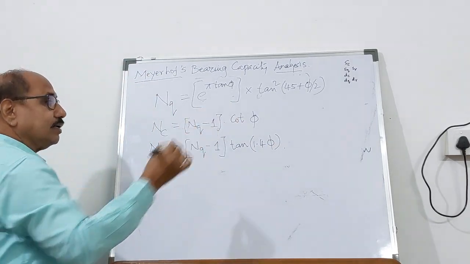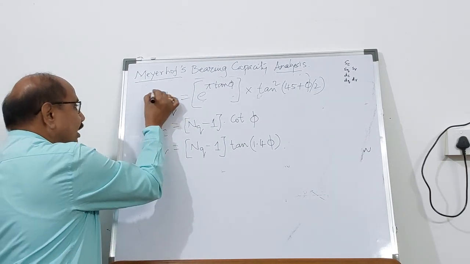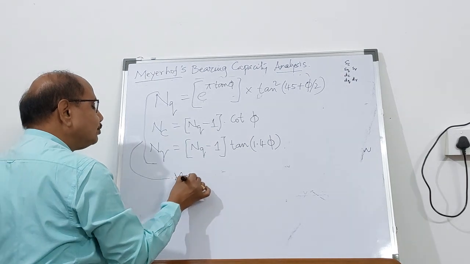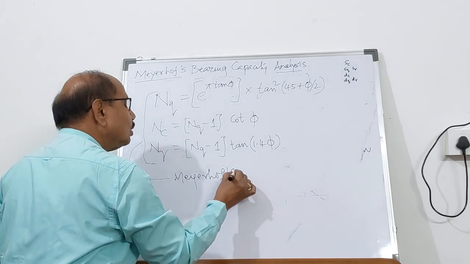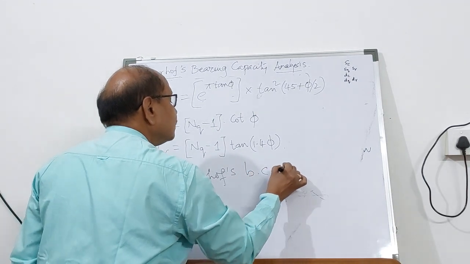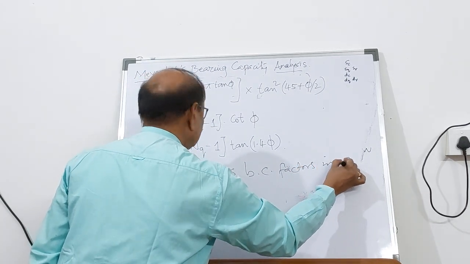So these are the bearing capacity expressions. These values are given in Meyerhof's bearing capacity factors in tabular form.